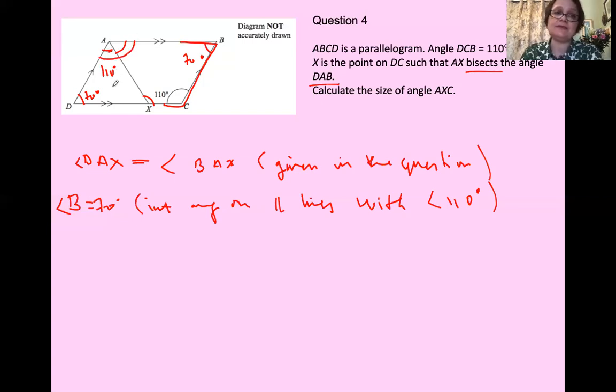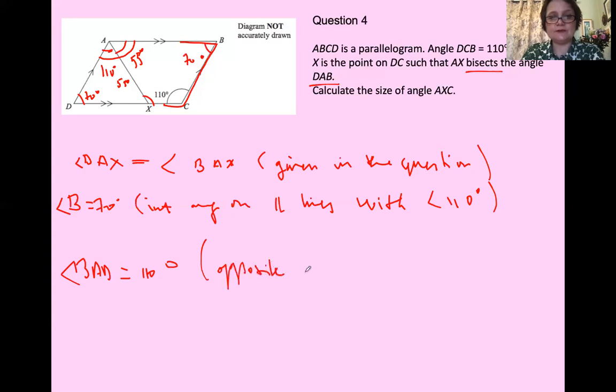How about half of it? Half of it is going to be 55 degrees. So 55 on this side and 55 on the other side. So we're going to say angle BAD equals 110 degrees as opposite angles in a parallelogram.